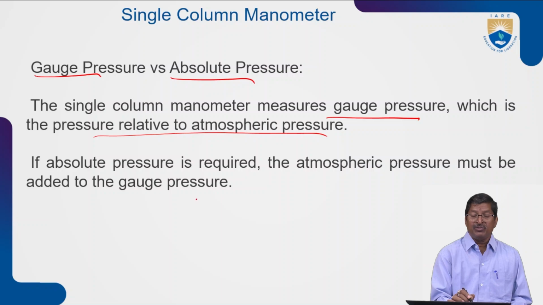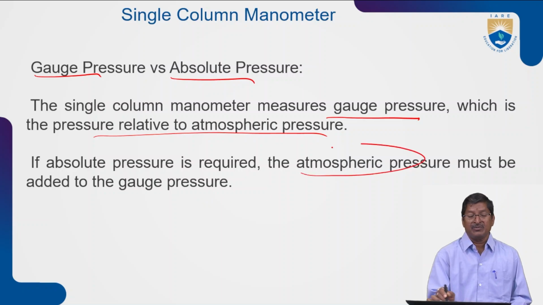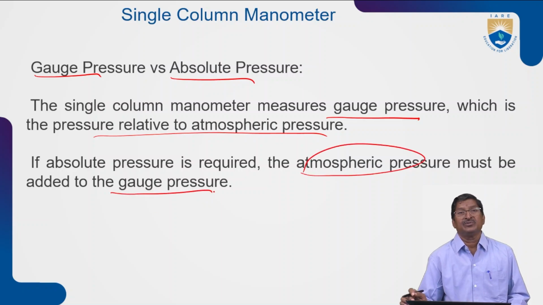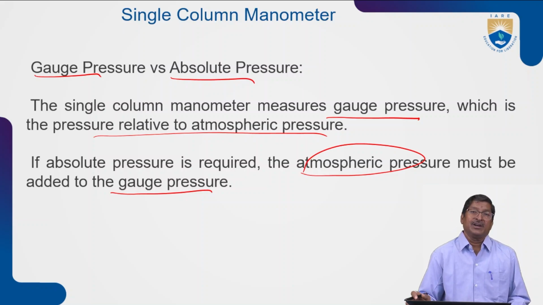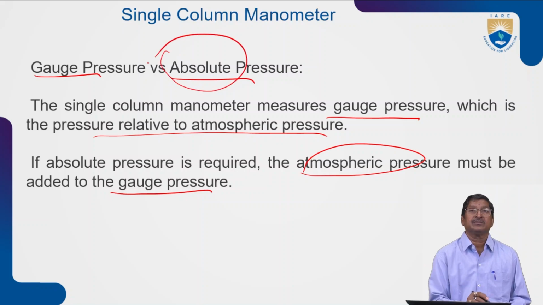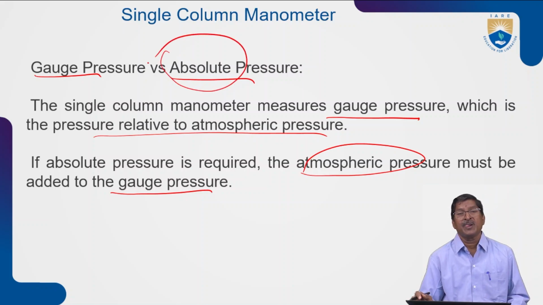If you add the atmospheric pressure to the gauge pressure, whatever the manometric pressure, then you will get the absolute pressure. So absolute pressure is nothing but the summation of the gauge pressure and atmospheric pressure.